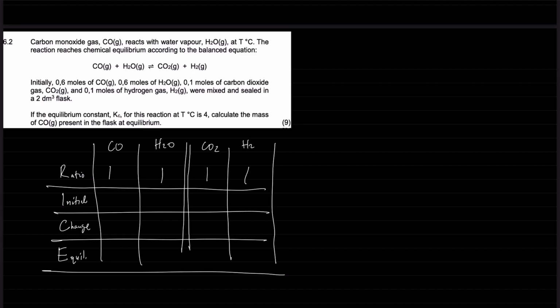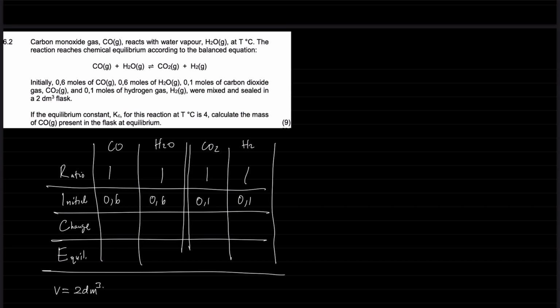So they tell us you have 0.6 moles of CO, 0.6 moles of H2O, 0.1 moles of CO2, and 0.1 moles of H2. They also tell us the volume, so let's write here volume is 2 dm cubed.